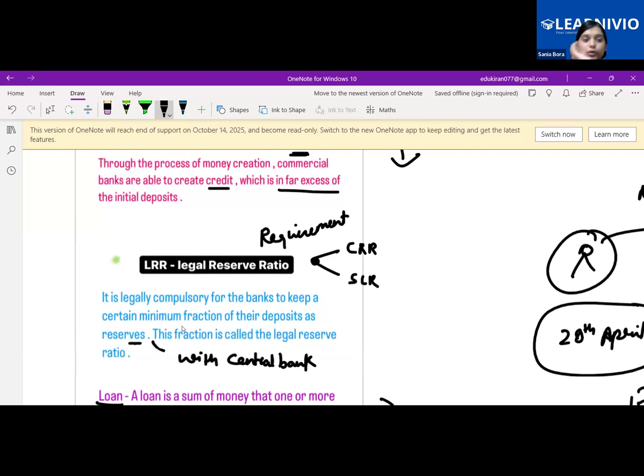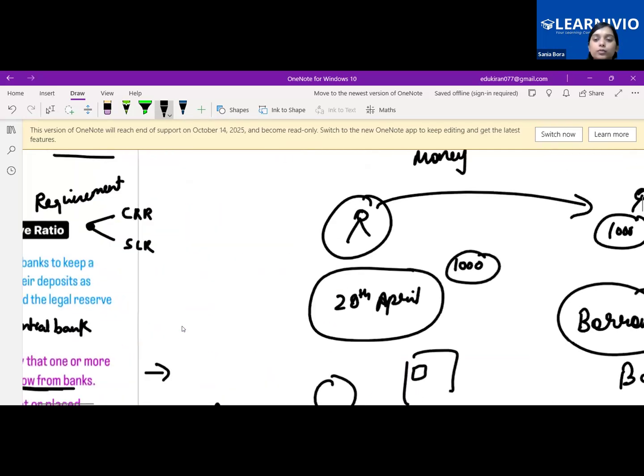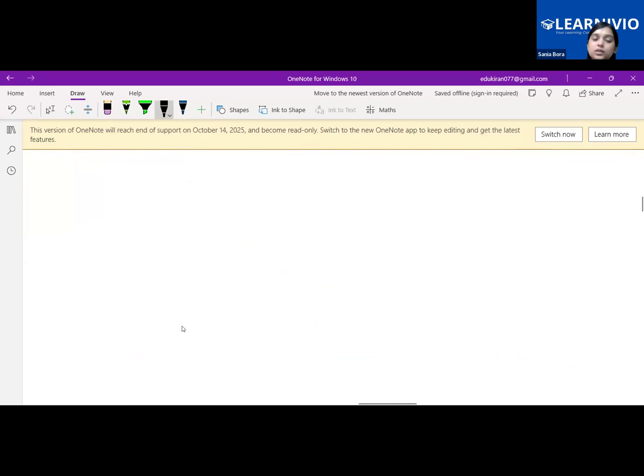Now I just want to highlight a few things. Have you heard this word borrow? What do you understand by this term borrow? Taking money from someone for a period of time. Correct.